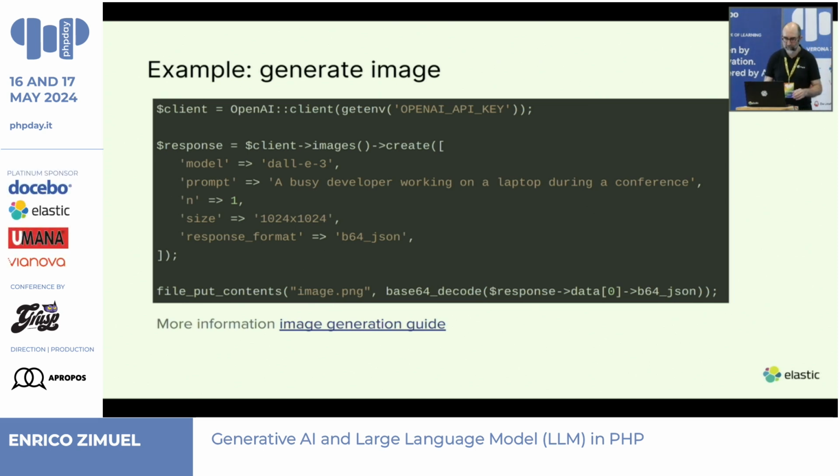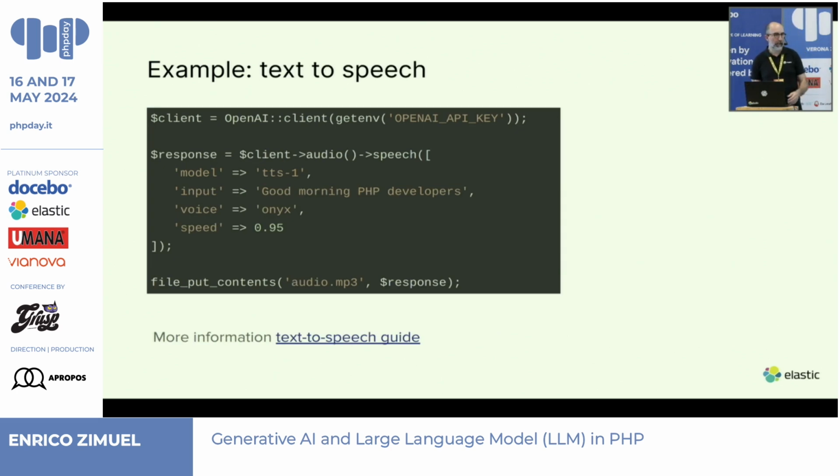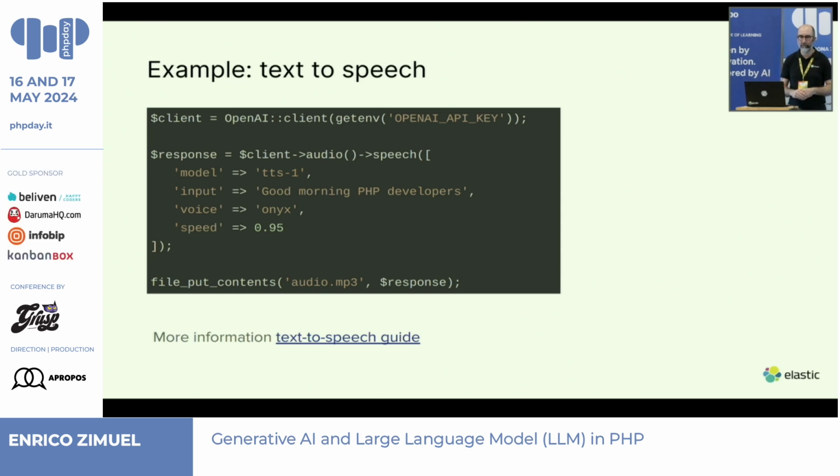Very, very simple. You want text to speech. The example that I gave you in the introduction. You specify the model, the input, that is the sentence to have as results. The voice is the name of the actor, artificial intelligence actor. If you go to the OpenAI documentation page, you have a lot of examples you can choose.